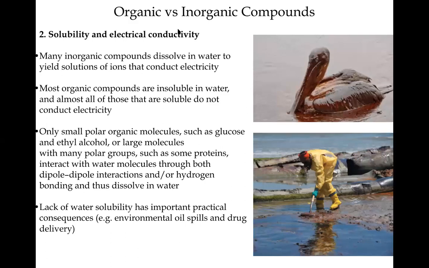If we look at other properties that these have, like in terms of solubility and electrical conductivity, inorganic compounds tend to dissolve in water, right? Think of salt again. And then once it does, it separates into the ions, and now that allows electrical current to pass through that liquid.